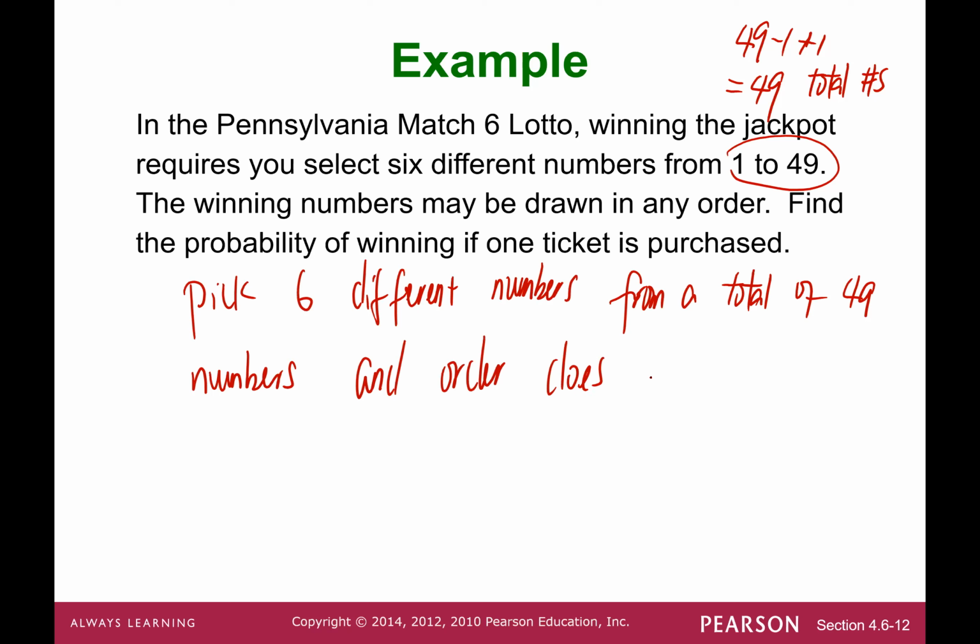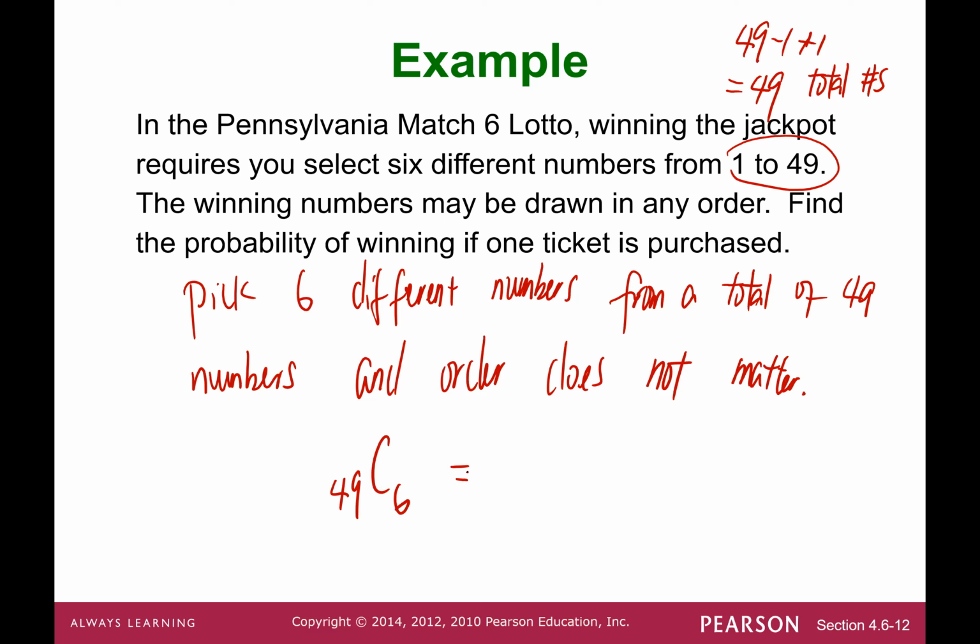What does this become? Any suggestion? Six different numbers out of 49 numbers, order does not matter. So this is exactly the combination, nCr. So it's going to be 49C6.